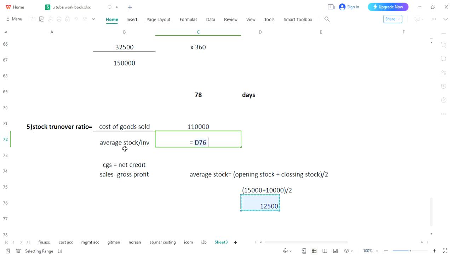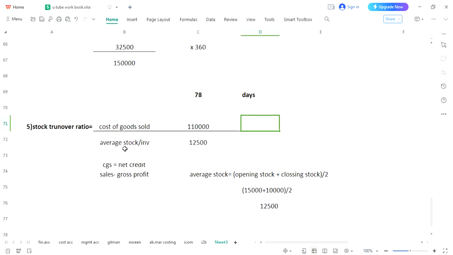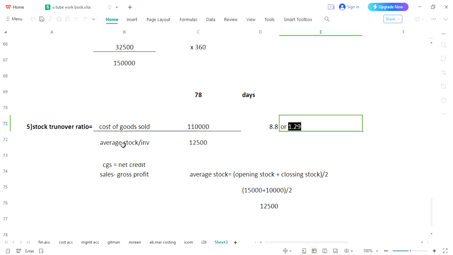Since the stock turnover ratio needs average stock, we will put average stock over here. The formula is completed. Now let's calculate: cost of goods sold 110,000 divided by average stock 12,500. So we have got 8.8, or it may be considered as 9. If you round it up, you may write it as 9.